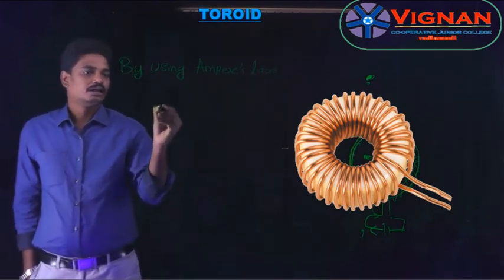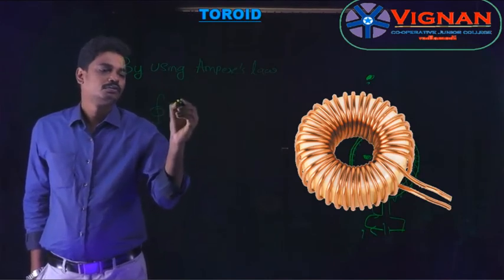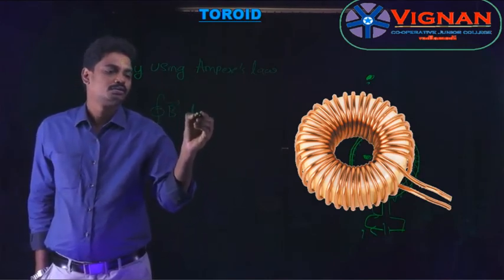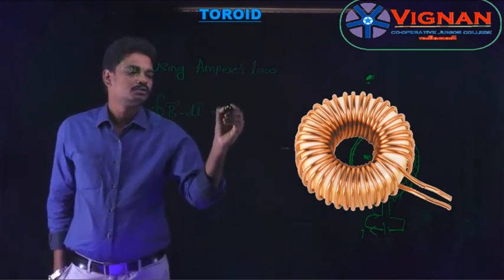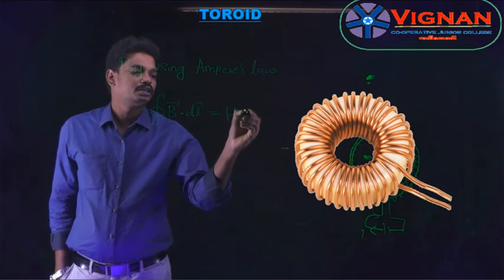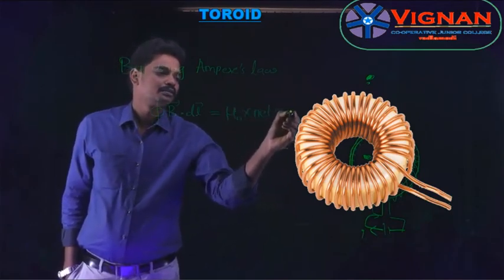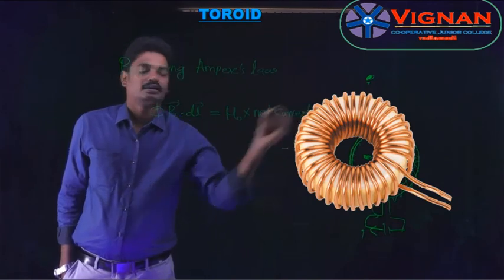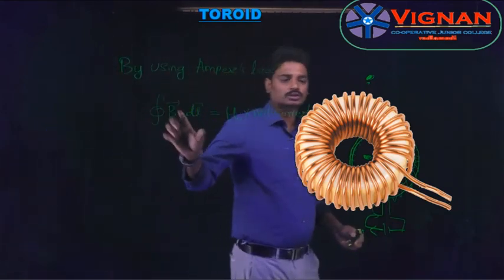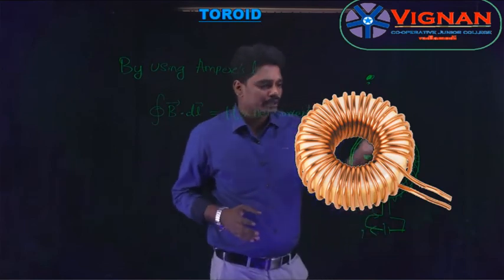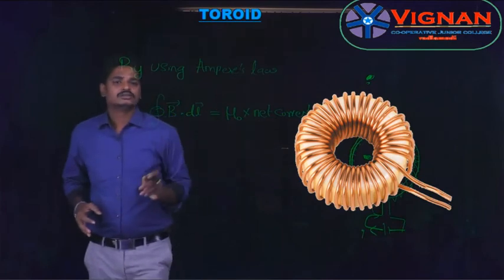Ampere's law is the closed integral of B dot dl equal to mu naught times the net current. So we have to take a closed loop. Let us consider a closed loop inside this toroid.